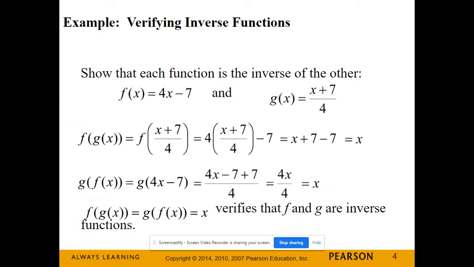So because you were able to get it to be simplified down to x for both composite functions, f of g of x and g of f of x, then what you can determine is that the f and g functions originally are inverses of each other. If any other result happens when you compose the functions, and you get anything other than just x, then they're not inverses.